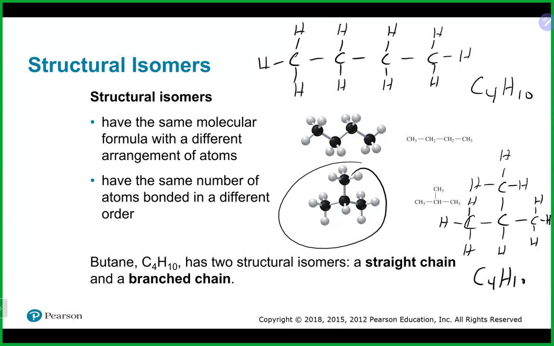This guy here, for example, is obviously 4 carbons in a row. This is what is known as butane. Now, when we get to this guy, we actually will get a different name. And we're going to talk about that in just a second.